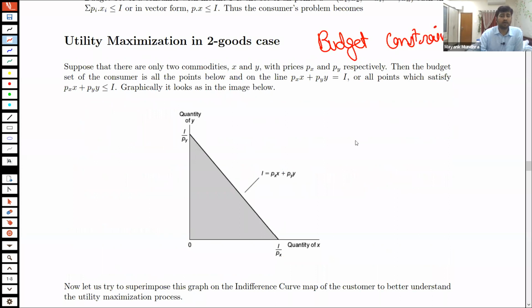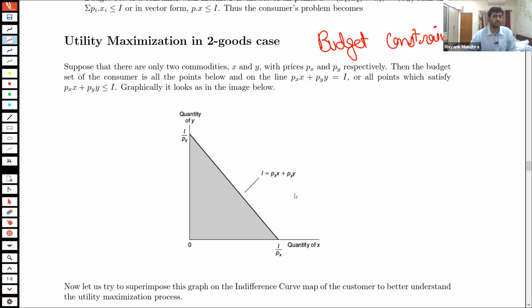So ideally, because of local non-satiation and no utility from wealth and everything, if you had no budget, you would keep on consuming. But the problem is that we have a limited budget. So the limited budget implies that we cannot consume till infinity. So even though consuming more and more keeps giving us higher and higher utility, we do not do that because our budget is limited.